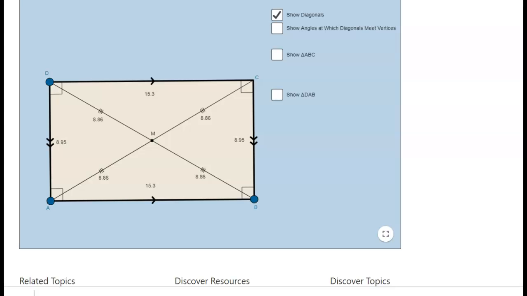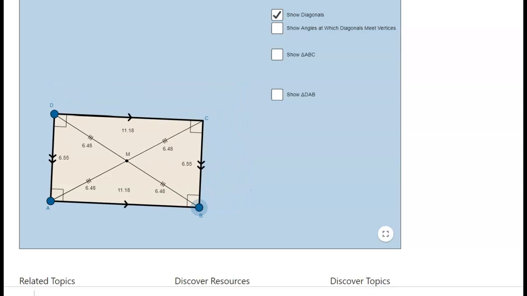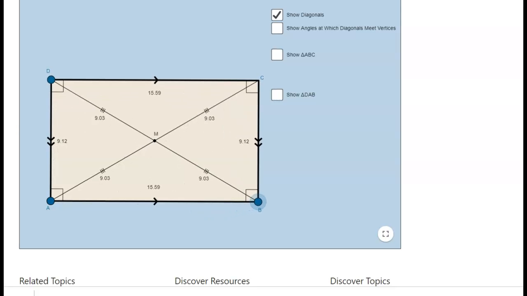You'll see that each piece is 8.86. If I were to change the rectangle, you'll notice now each piece is 6.46 and 9.03. So all 4 pieces of the diagonals are congruent.